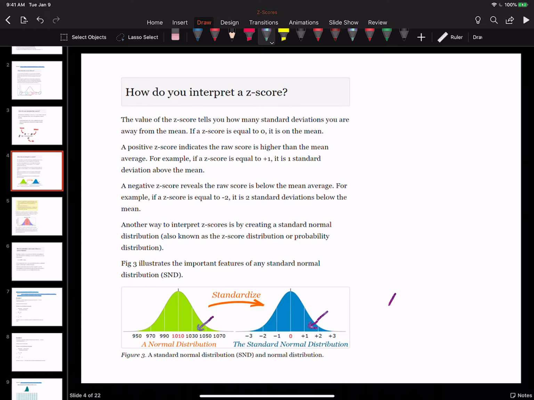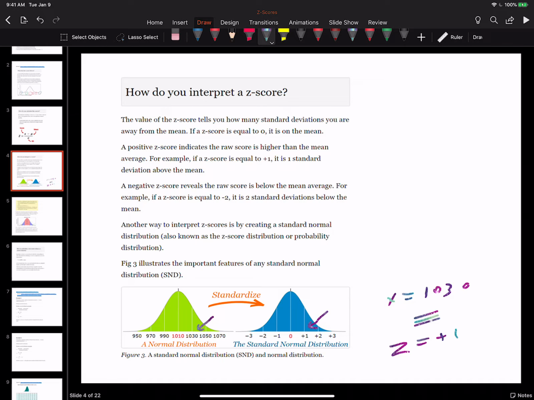So x equal 10,030 is the same as z equals +1. And that's the meaning of standardizing.